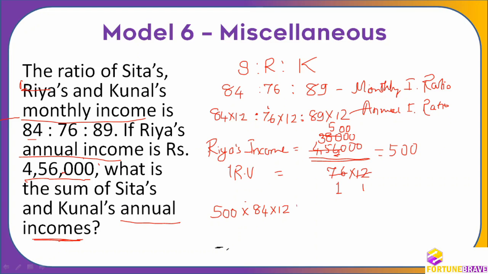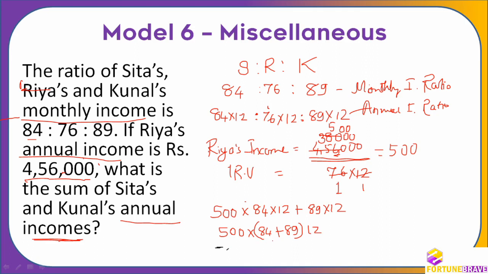So Kunal, 89 into 12. All these things should be happening inside your mind. So I'll take 12 common here. So 500 into 84 plus 89 into 12. Okay, so I can solve this.